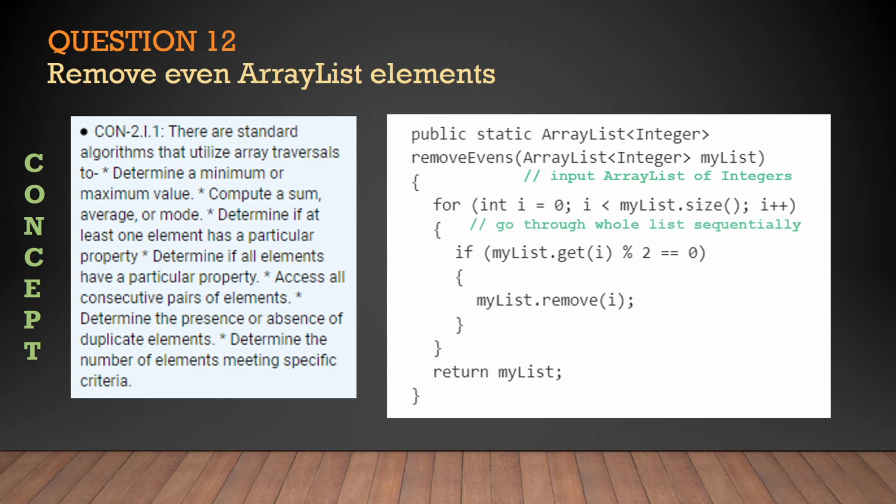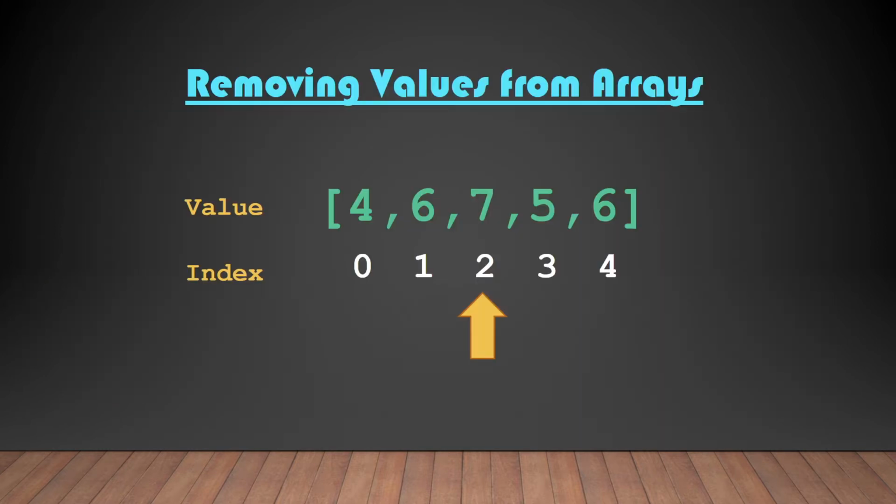Why? Because the index gets messed up when we remove from the list. If you're iterating over a list and you decide to remove something, it's going to get messed up. Okay? Like this. I'm running through this list and I decide, oh, I don't like this value. I'm going to take it away. Bye-bye 7. Now what happens?